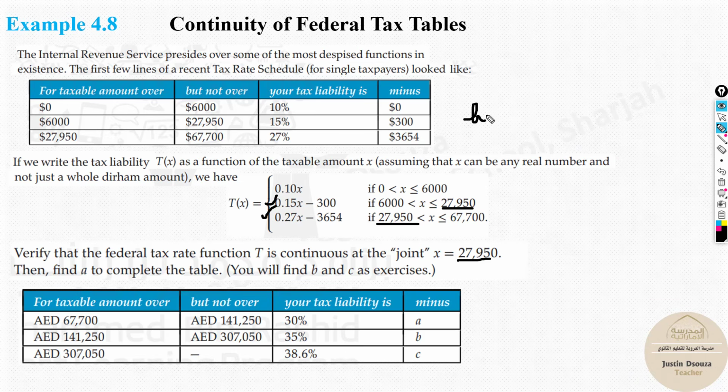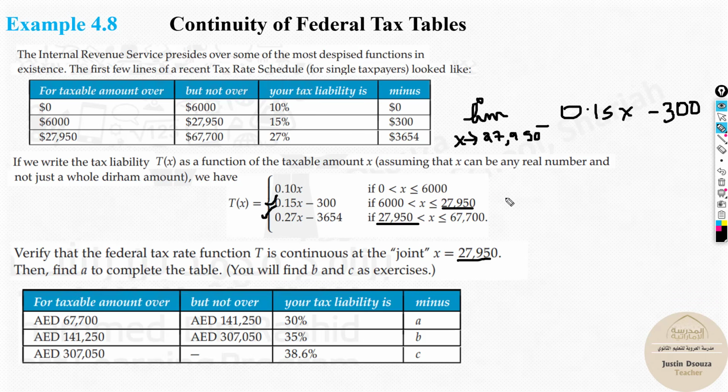So limit as x approaches 27,950. But there are two equations. One equation is when it is less than, from the left side, you need to use this equation 0.15x minus 300.